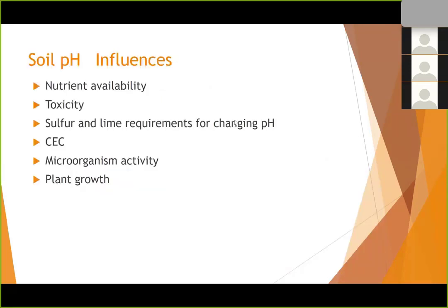What influences soil pH? We talked about the climate, water, evaporation out west, CEC, believe it or not. Remember, I was drawing that diagram of how many positively charged cations can be stuck to that particle. Well, based on that, that's how many hydrogens it can hold on the particle versus how many are in the soil solution.